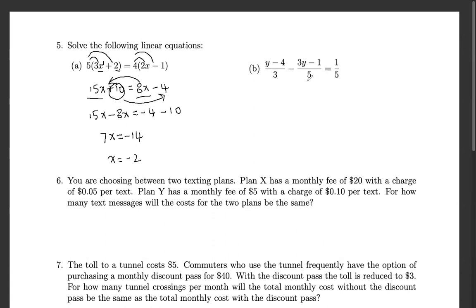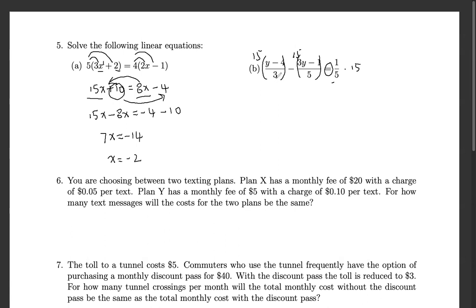What about B? B will have these fractions. So the least common denominator is 15. Because we have an equation to work with, I can make all the terms 15 times bigger. So what I'm going to do is multiply every term by 15.